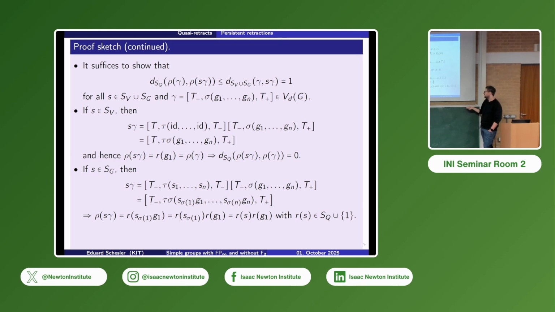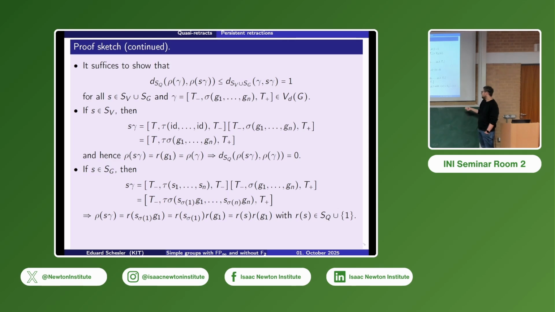And if you apply a generator of the remaining group, again assuming that the trees match, then you multiply this element with this element as you would do in a Higman-Thompson-type product. Then you have some permutation of the S elements, and the G elements stay here. So what the quasi-retract does is it just applies the retract to this element here.